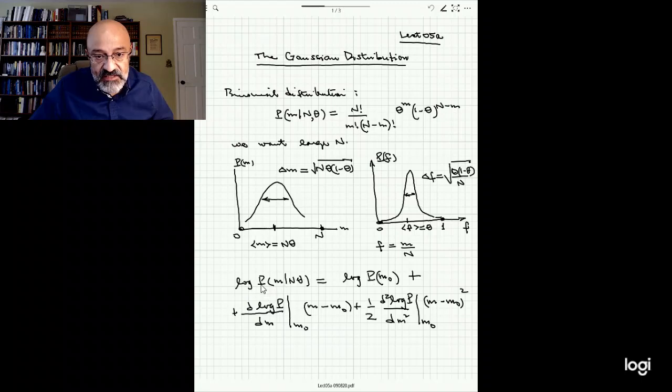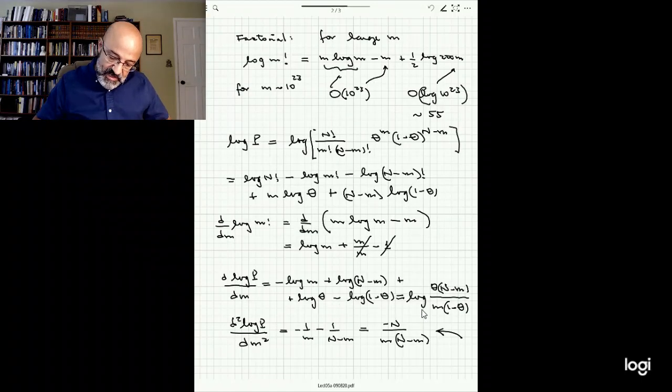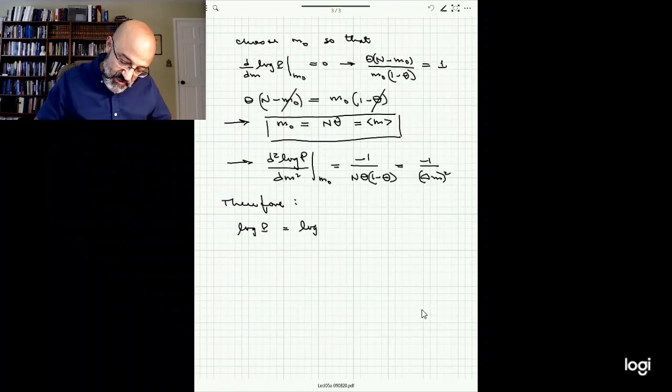We want to expand log p. We have the 0th order term, which is log p evaluated at m0. Then we have the first order term. This is being evaluated at the maximum where the derivative vanishes, so this disappears. And then now we're going to have that third term there. So here we go. The answer is log p is log p of m0.